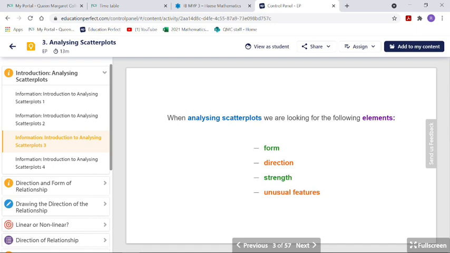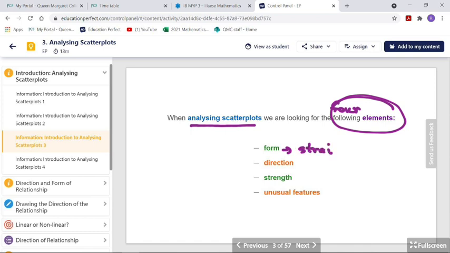The first one you're going to look at is called form. And when you're analyzing form, what we really mean is, does it look like a straight or curved line?